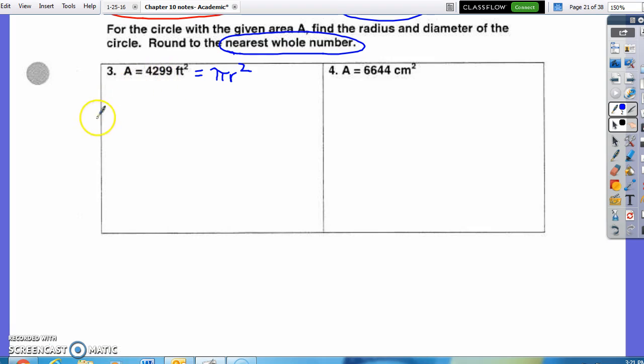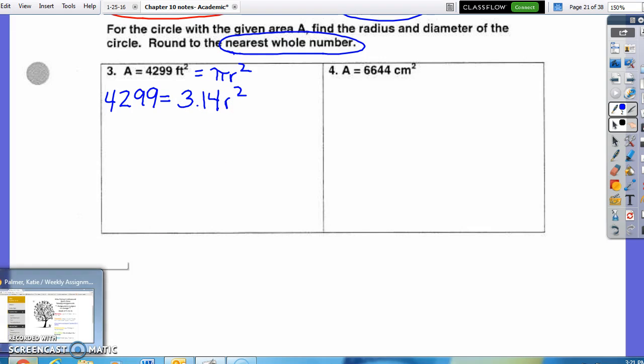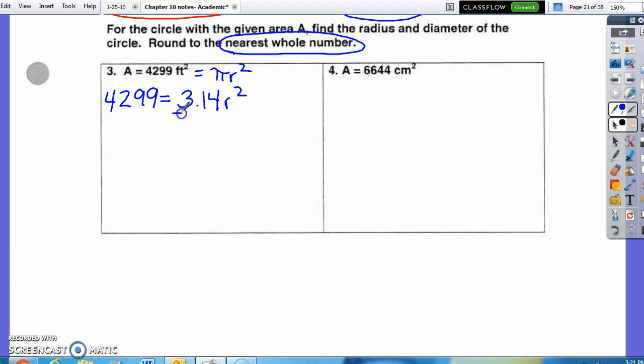So if I know the area is 4,299 feet squared, that's going to equal pi, 3.14, times my radius squared. Do I know my radius? No, I have to solve for that.